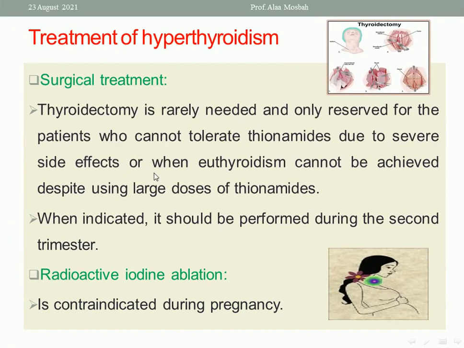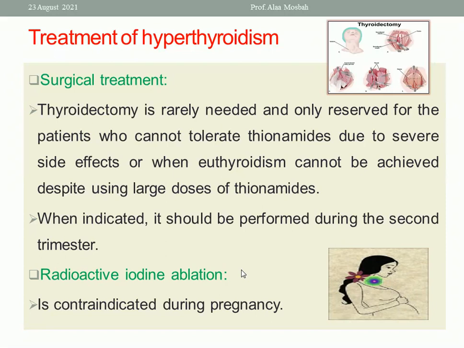What about surgical treatment? Surgical treatment, thyroidectomy, as in this picture, is rarely needed during pregnancy and only reserved for patients who cannot tolerate thionamides due to severe side effects, or when euthyroidism cannot be achieved despite large doses of thionamides.